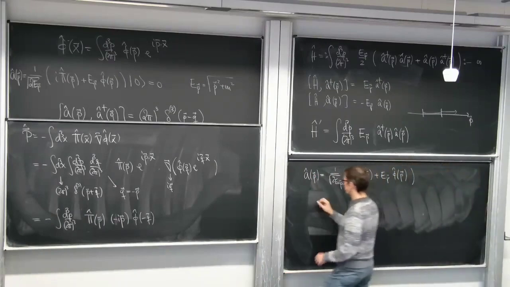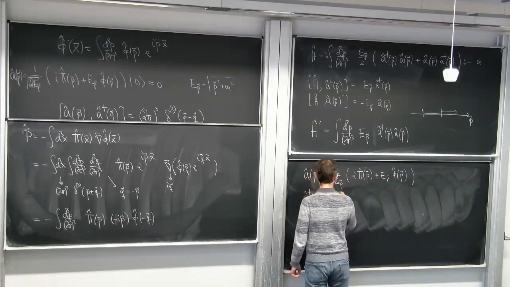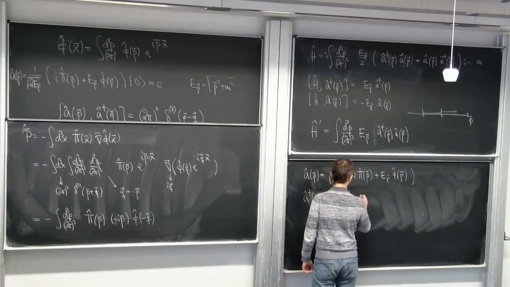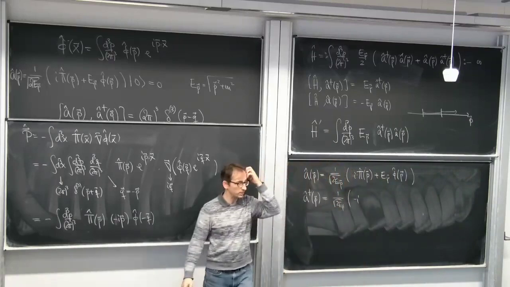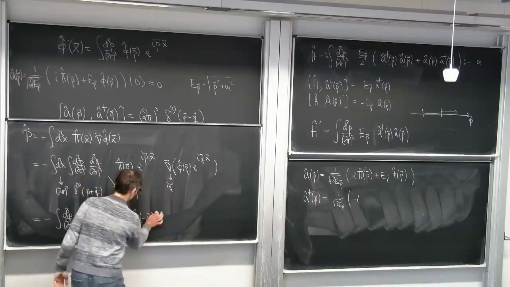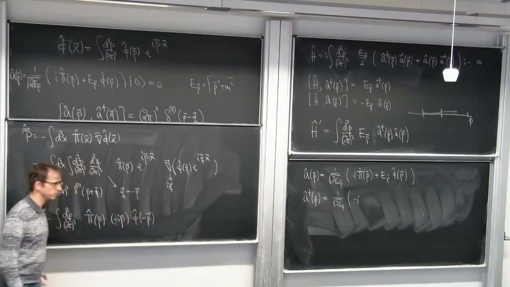Then the dagger, a dagger, is 1 over the square root of 2 omega p, times minus i pi plus omega p phi. Shouldn't it be minus p there? This is not a q, that's right. Thank you, it wasn't a q in this.